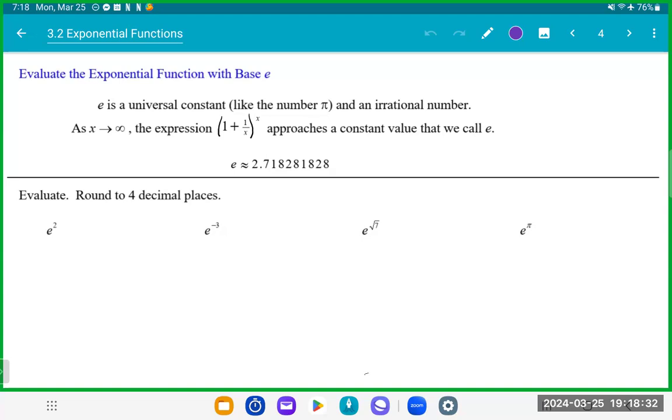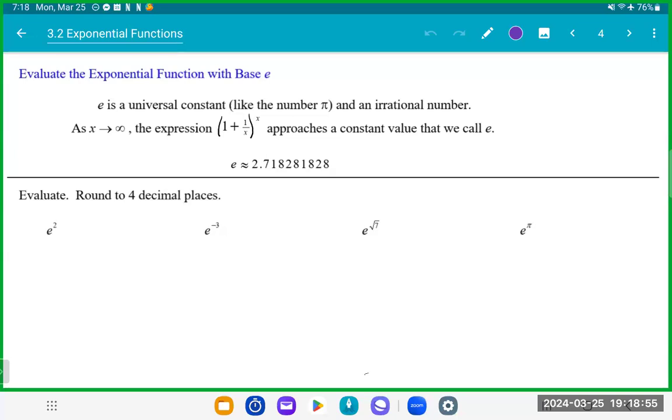Okay. So if you have a calculator, go ahead and get that out so you can practice. If you don't have a calculator on you right now, if you have your cell phone, you can't use a cell phone on your exam. But if you have your cell phone on you right now, you can go ahead and break it out.